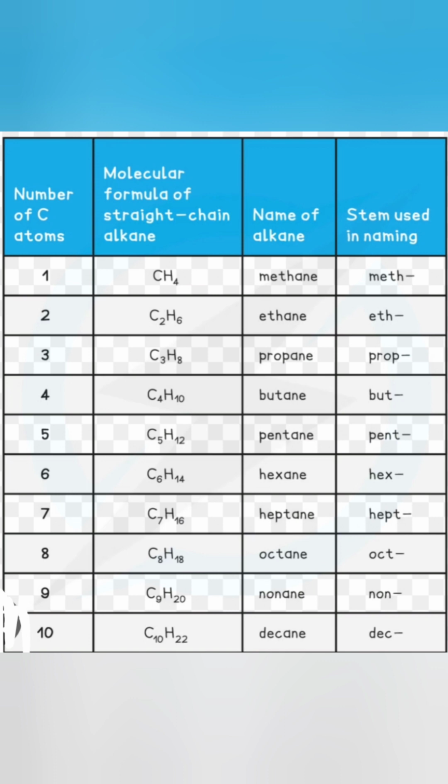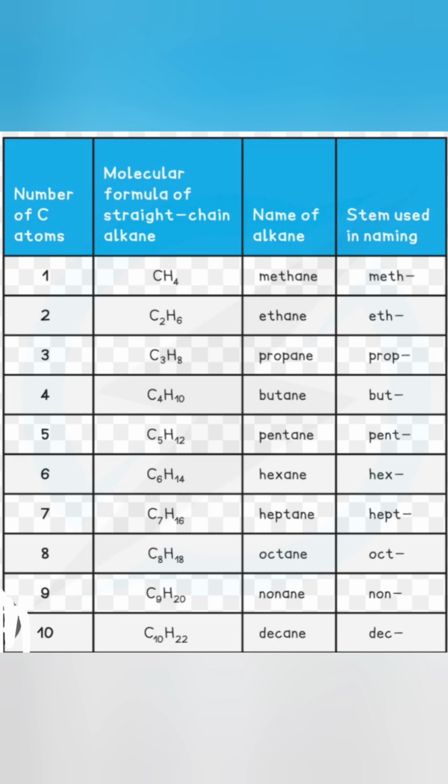Number 1. The stems used in naming carbon atoms 1 to 10: meth, eth, prop, but, pent, hex, hept, oct, non, dec. So if we have to name a 6 carbon atom chlorine compound, we will name it according to the position of chlorine, so it will be 1-chlorohexane.